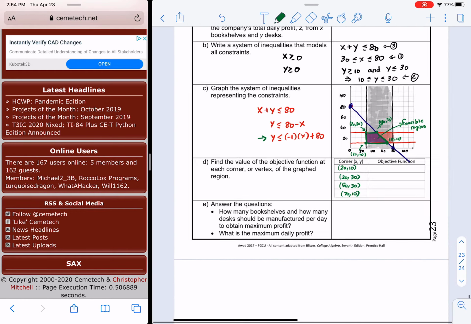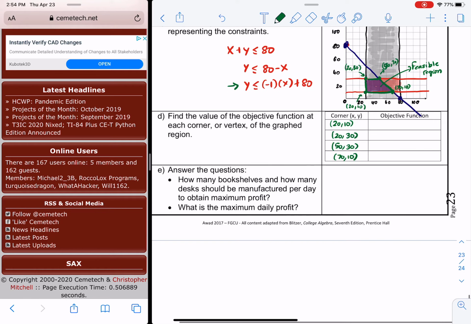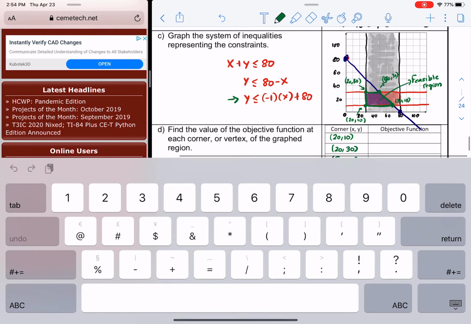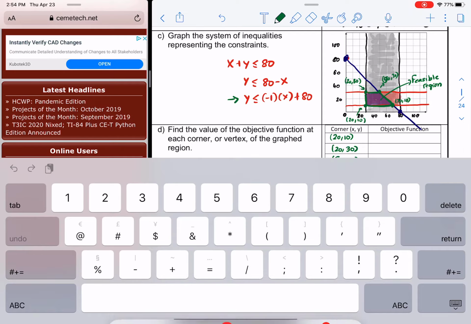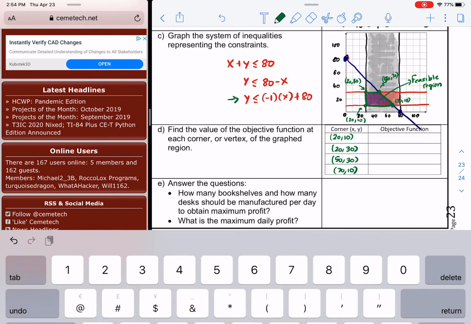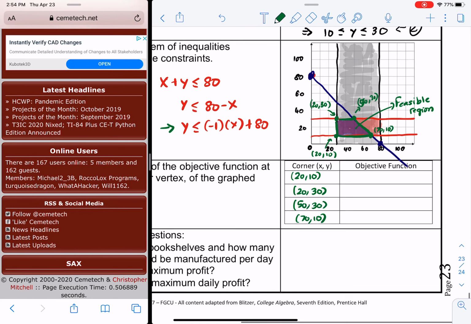So we can plug this into the objective function, which is 25x plus 55y. 25x would simply mean 25 times 20 plus 55y, 55 times 10.